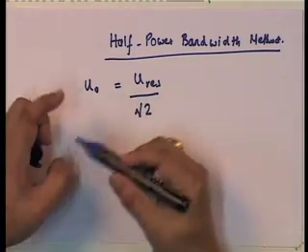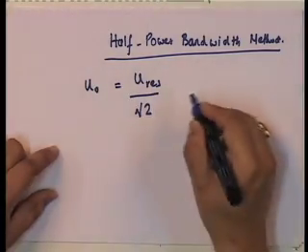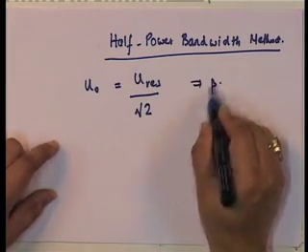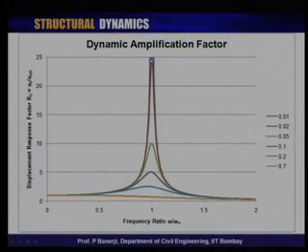That is the reason why we call it half power bandwidth. So, essentially I want to find out the beta at this value. Note, if you have 25, 25 over root 2 would be approximately in this region. So, if you look at this region, you are able to generate this value.